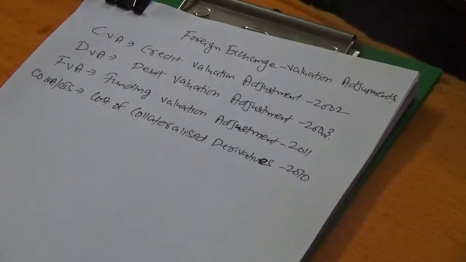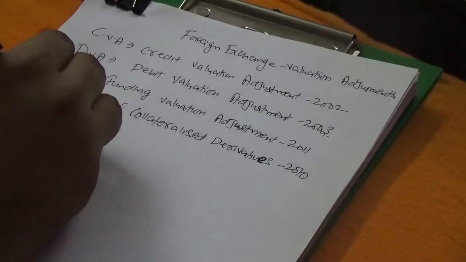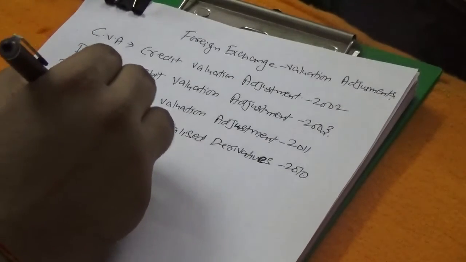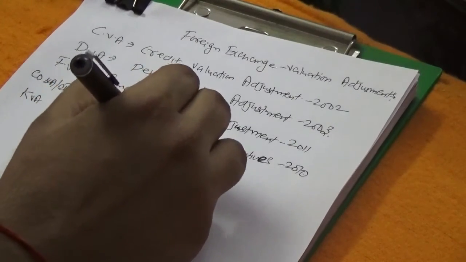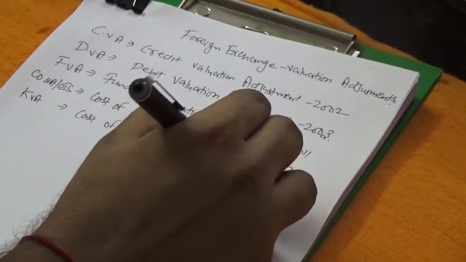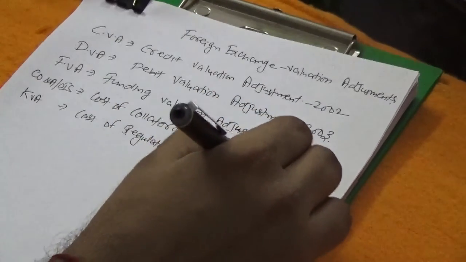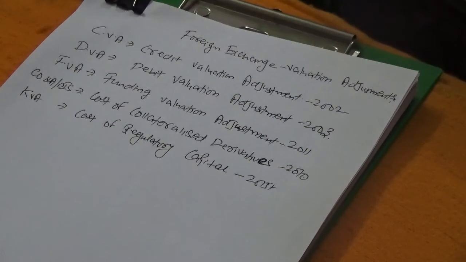And very important to take into consideration is KVA, cost of regulatory capital, that went in 2015 plus. You know how everything is behaving.